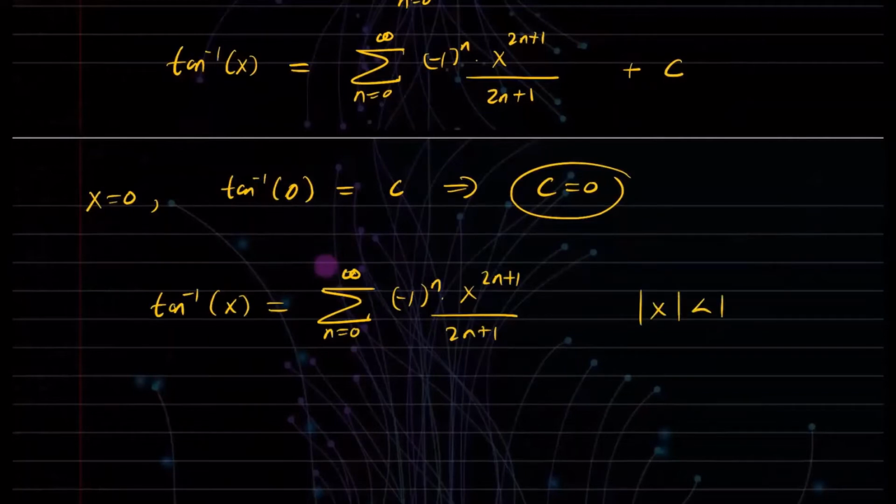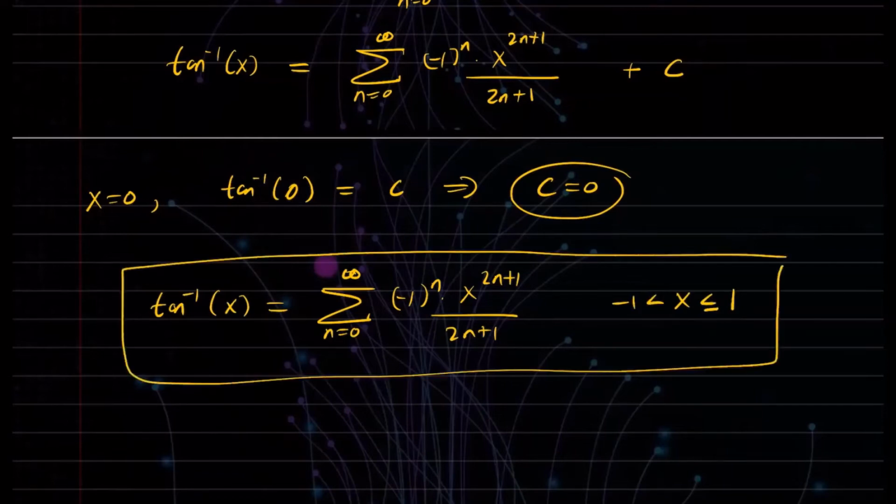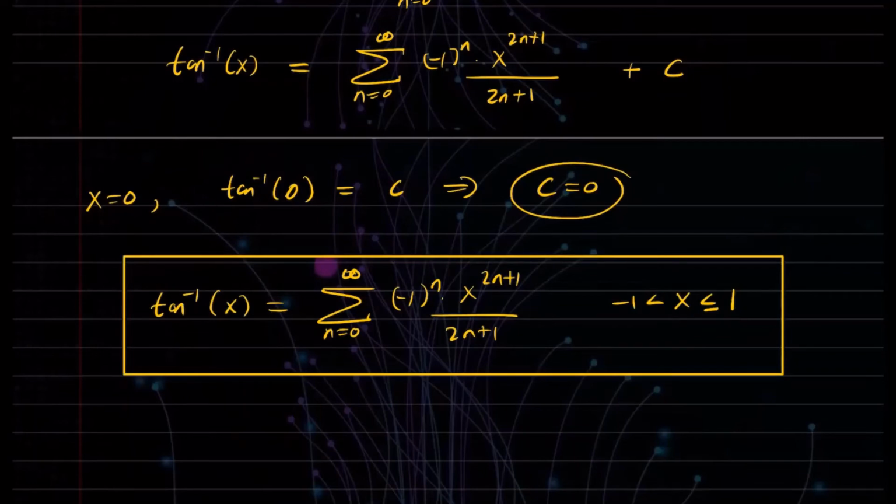Now you can test the endpoints to see if it will converge at the endpoints. This will converge at one of the endpoints. You can test that by using the ratio test. You'll see that this will converge at 1, but it will not converge at -1. So this is the interval of convergence for tangent inverse of x. So there you have it. We are able to express tangent inverse as a power series.